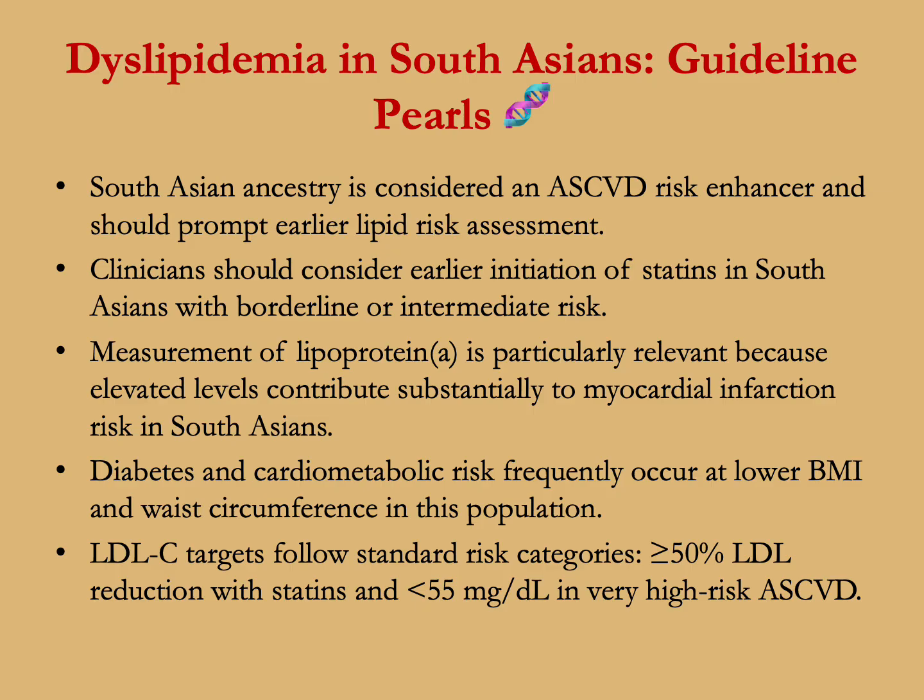Diabetes and cardiometabolic risk frequently occur at lower BMI and waist circumference in this population. LDL targets follow standard risk categories, greater than 50% LDL reduction with statins, and less than 55 milligrams per deciliter in high-risk atherosclerotic cardiovascular disease.